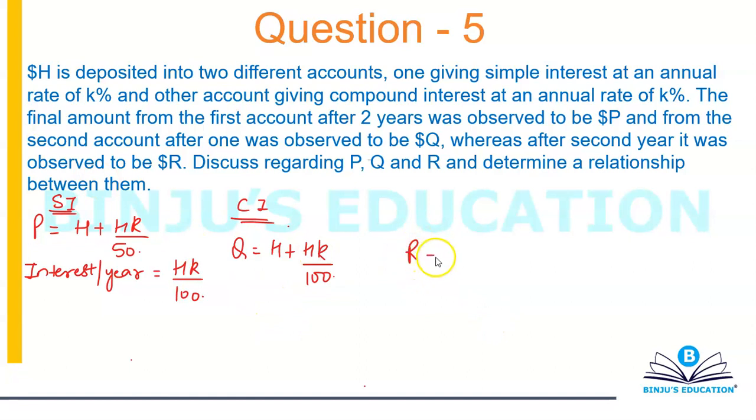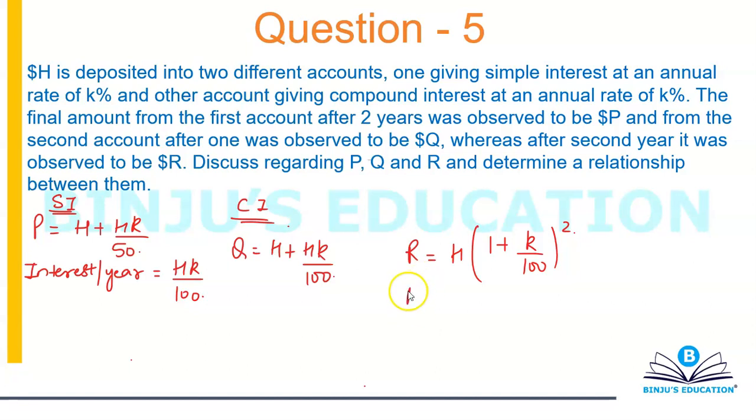So the value of R will simply become principal, which is H, into (1 plus K by 100) whole square. This is the final amount. That is principal, which is H, into 1 plus rate of interest divided by 100 whole square.